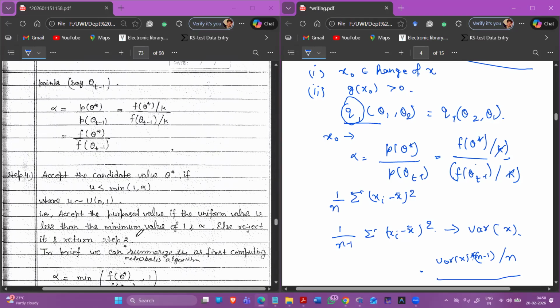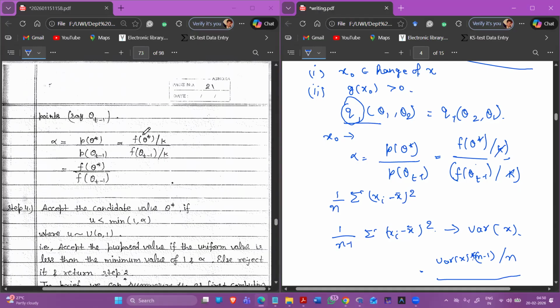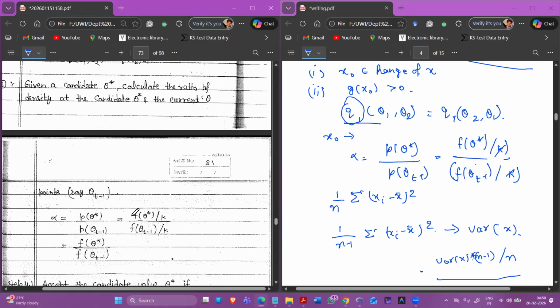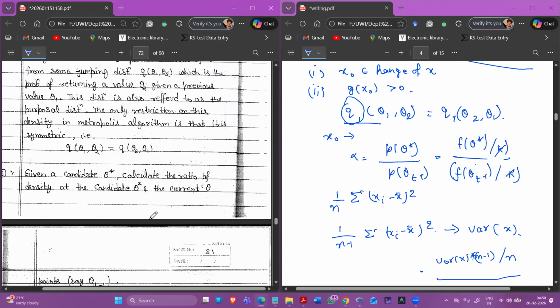Earlier, in the Metropolis algorithm, when we took the ratio of the current value to the previous value, we were ignoring the jumping density, yes or no?